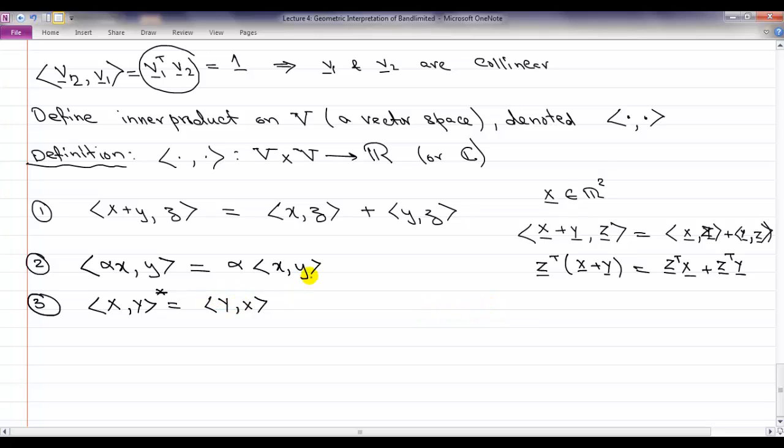Of course, if this inner product is defined over reals, then whether you have conjugation or not is not going to change anything. In which case, if you change the order of the inner product, the answer doesn't change. So whether we do X transpose Z or Z transpose X, I'm sure you all know that is the same.